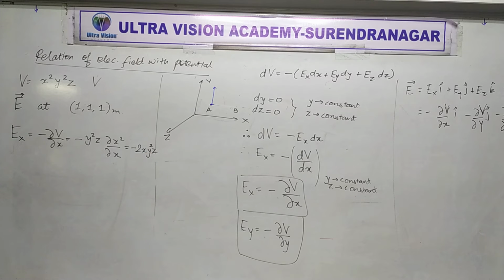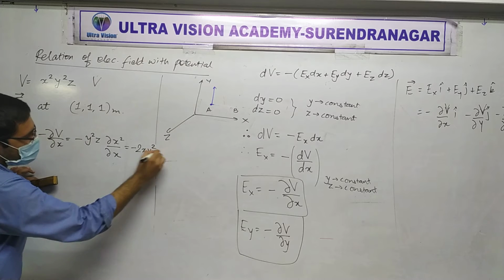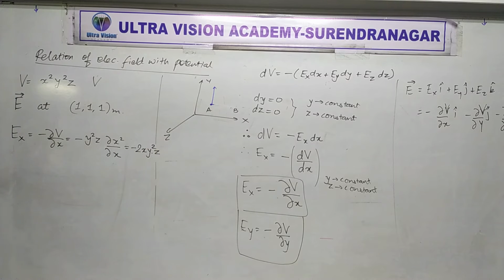Okay, and then we have to find it at which point? At 1 1 1. So if you put values, therefore Ex will be equal to minus 2. Any question? Everything clear?